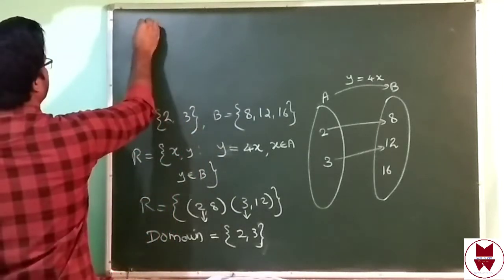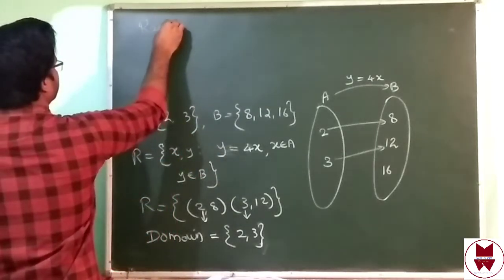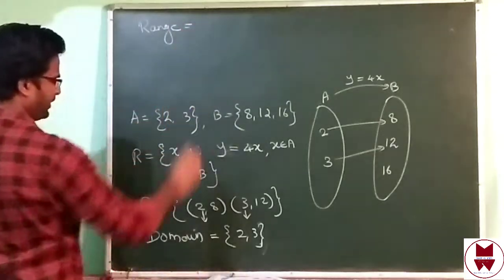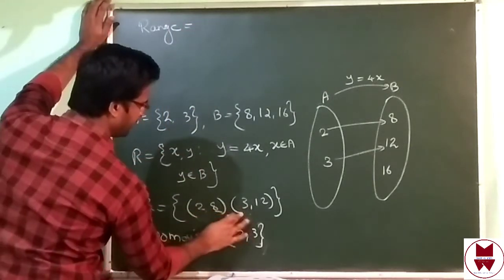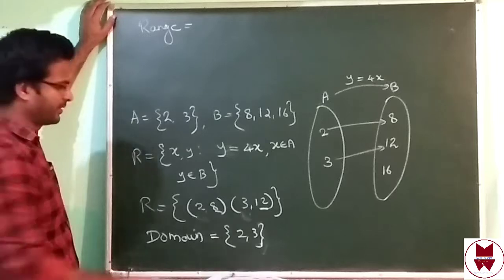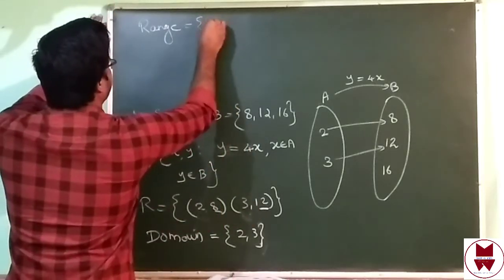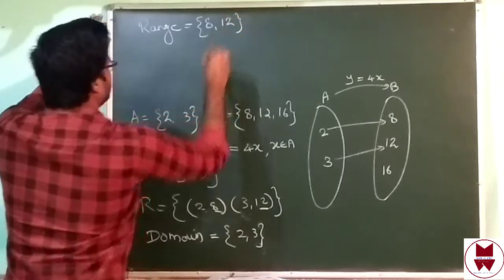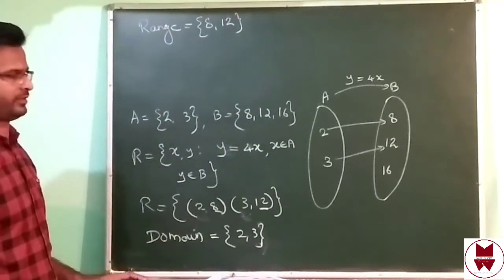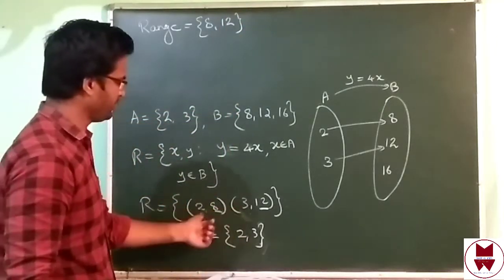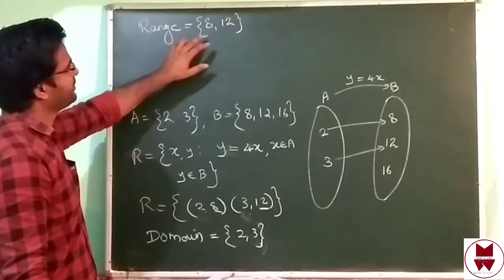Then next, range. Range means consider the second elements. What are the second elements? 8 and 12, the set 8, 12. This is known as the range of this relation. Domain means first elements 2, 3, then range means second elements.